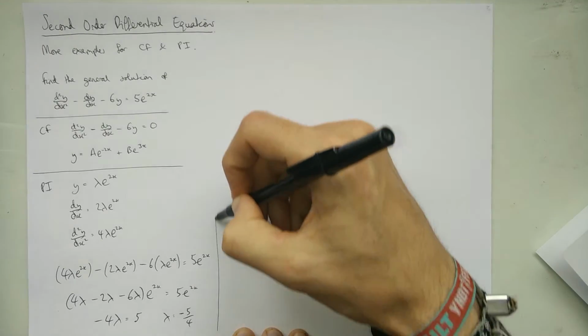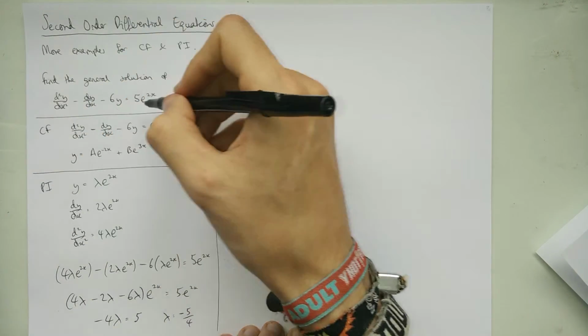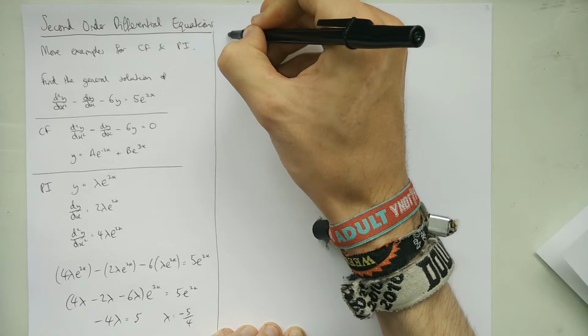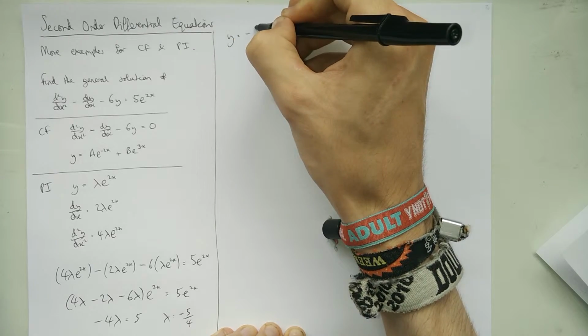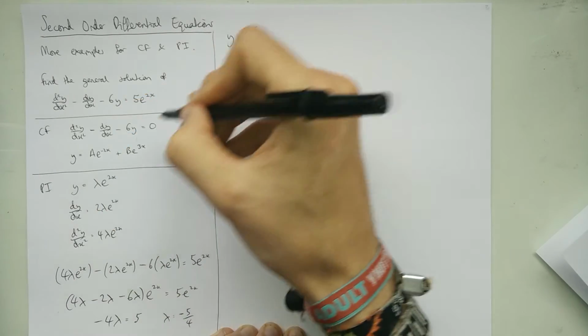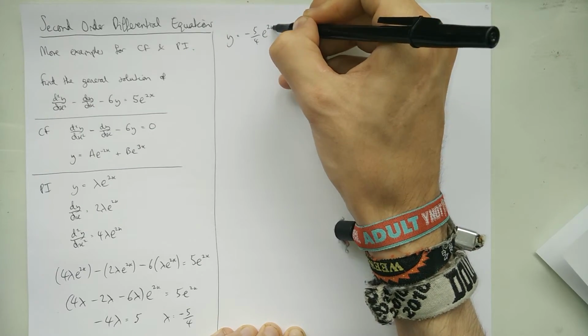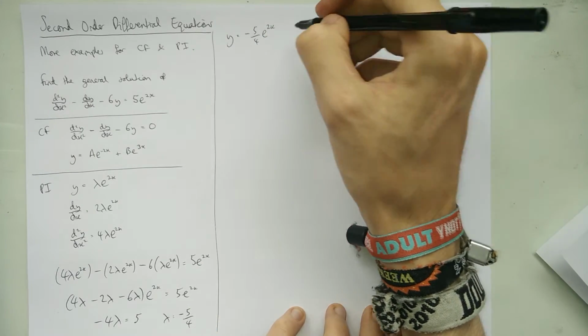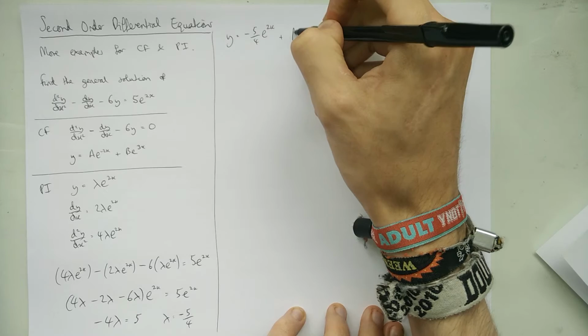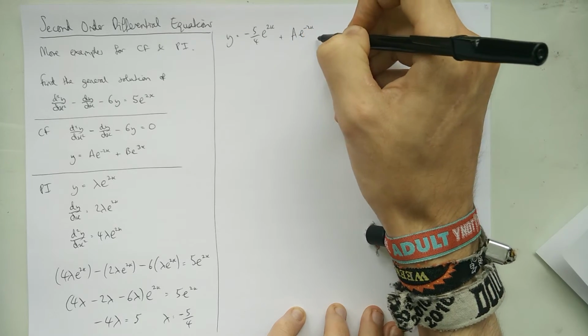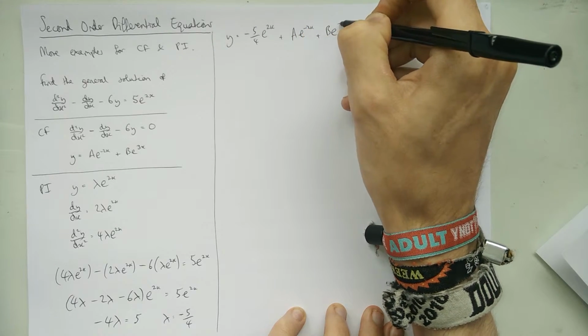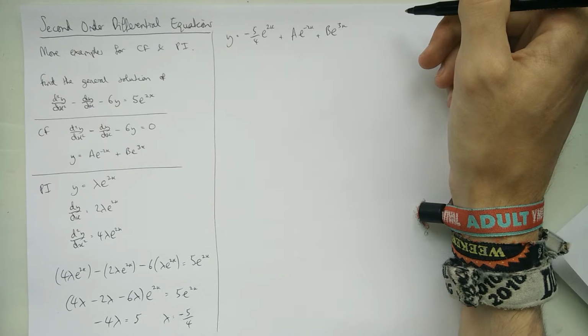Which is great, because that tells me then that for this particular question, my particular integral is minus 5 over 4, that's the lambda bit, e to the 2x. And then to make it general, we just add on the a e to the minus 2x and the b e to the 3x, and we're done.